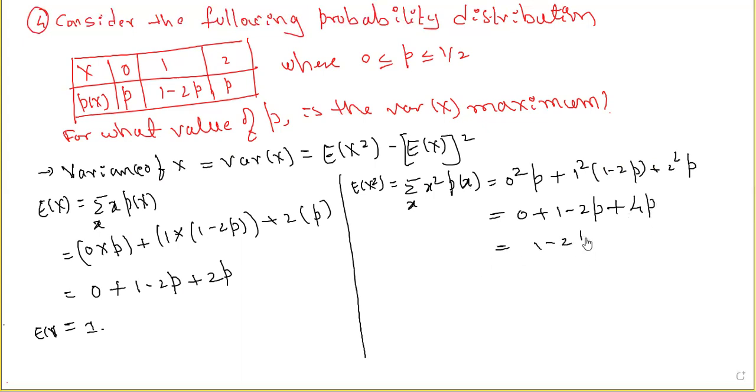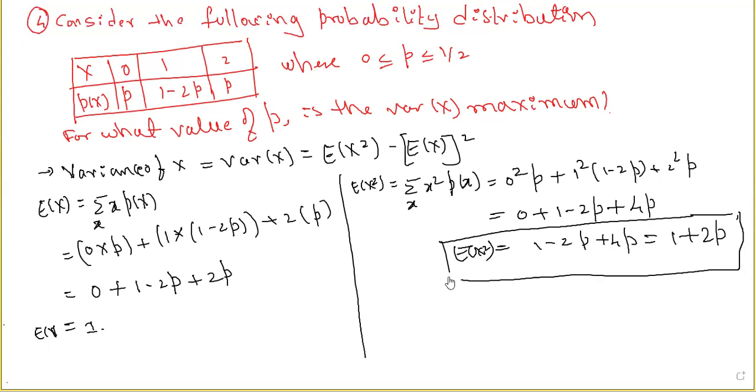So minus 2 plus 4, this is nothing but 1 plus 2p. So here we got expected value of x square equal to 1 plus 2p and expected value of x equal to 1. Just insert in the variance formula.